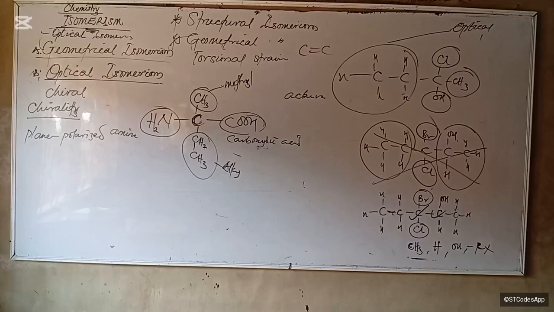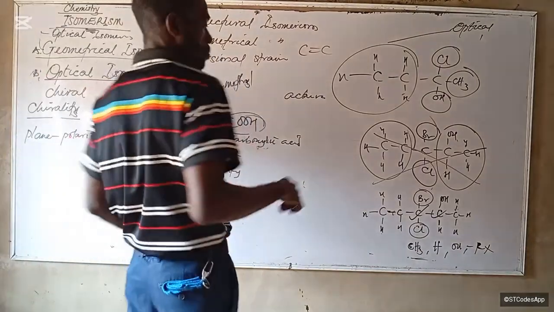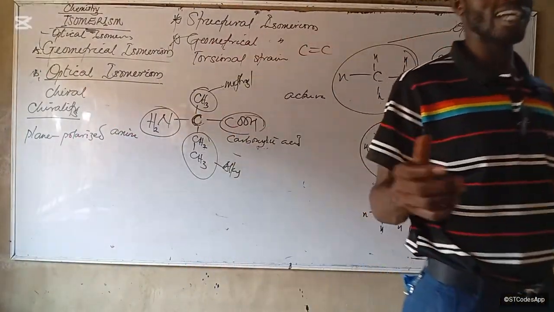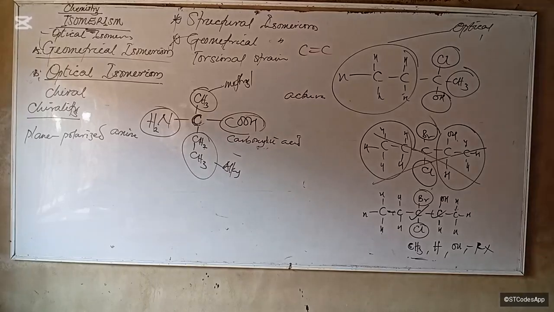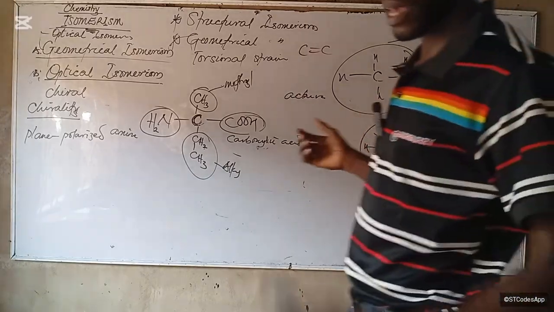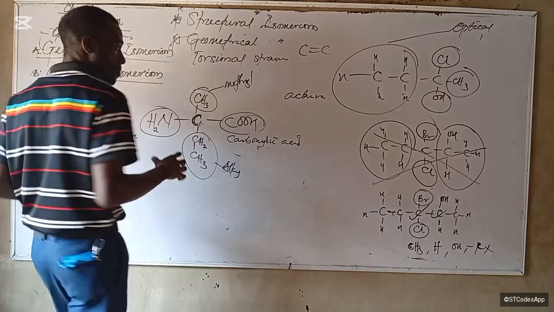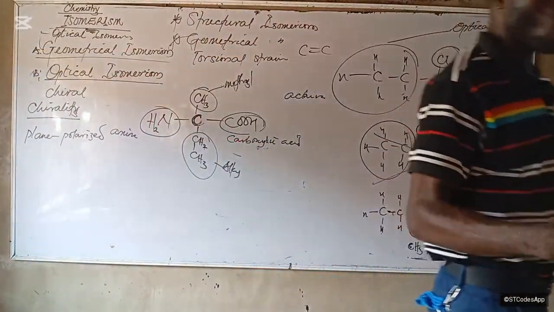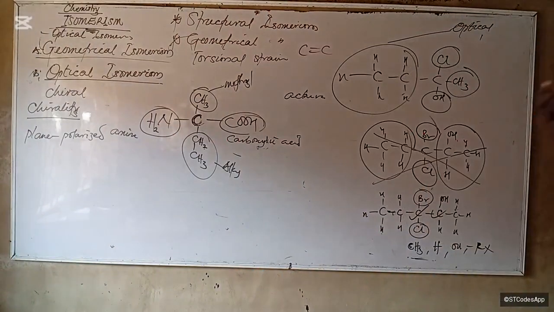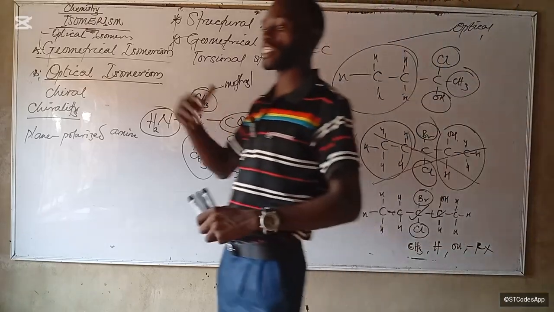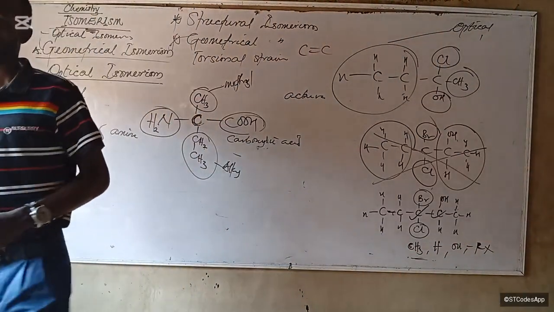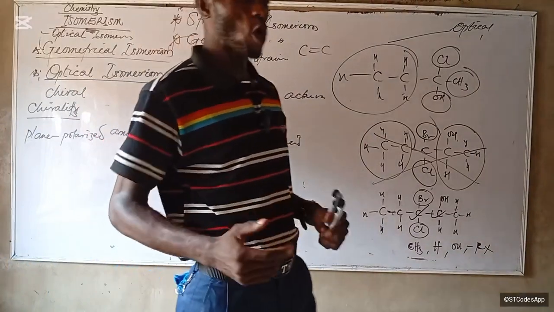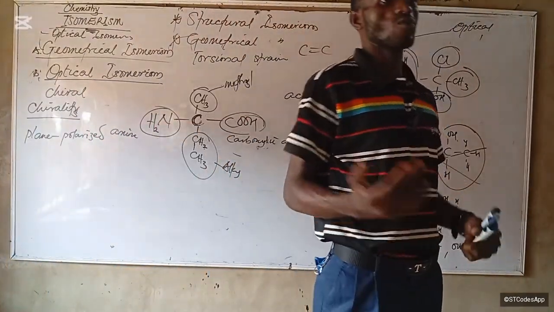Now, we'll explain. We said the plane polarized light will give rise to non-superimposable mirror images. Is that okay? All right. So in one, the main functional group, or the heavy molecule, will be rotated to the right.